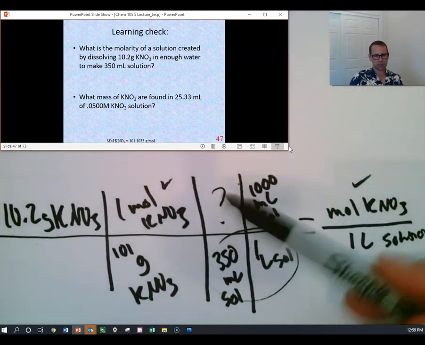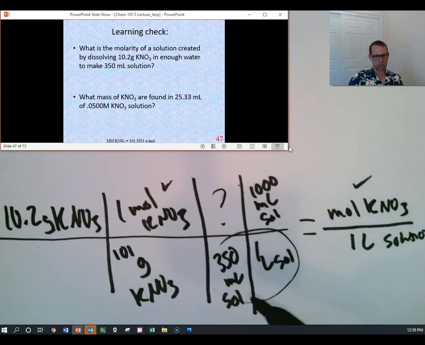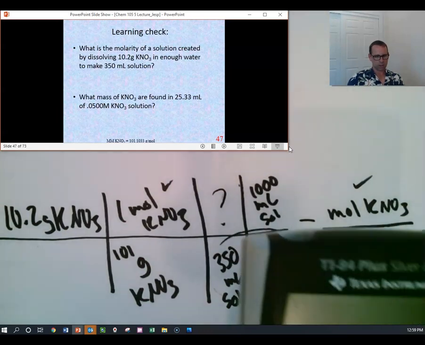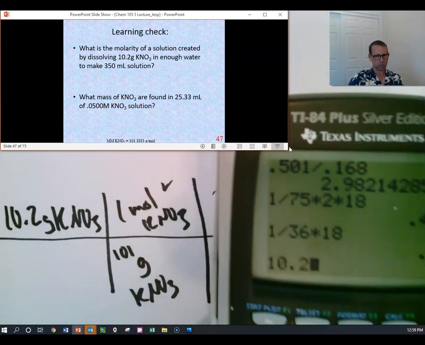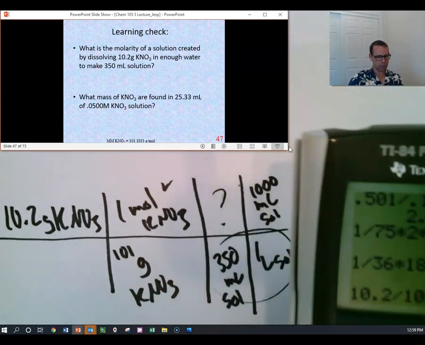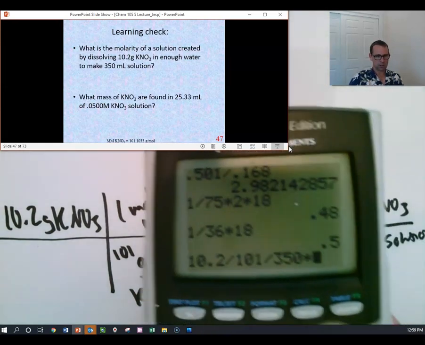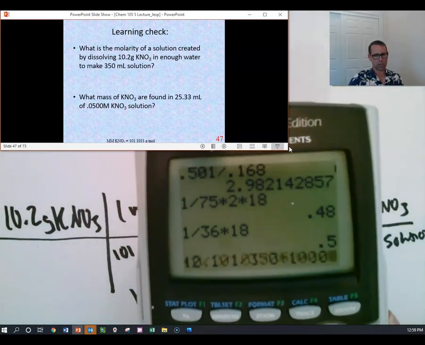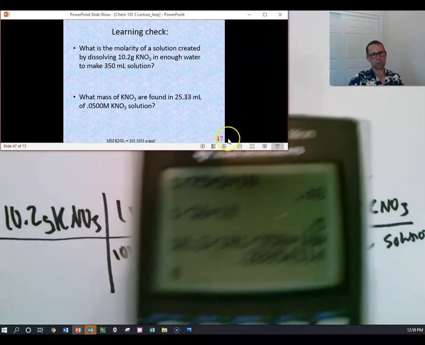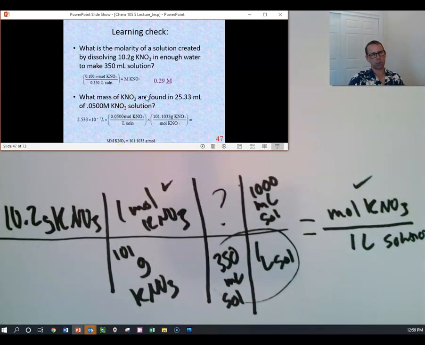You don't need to have something there when you're using dimensional analysis. You can just bring in new units, especially when you need to have 2 units in the answer, mole per liter, right? So then we just go 10.2 divided by 101 divided by 350 times 1,000, and that will be our molarity of 0.2885 moles per liter, or 0.29 molar.